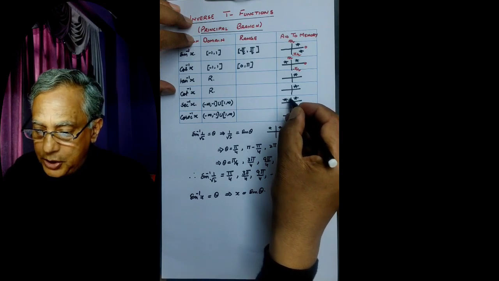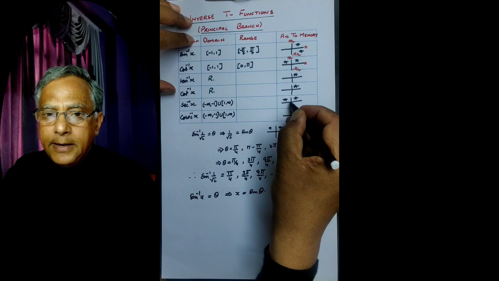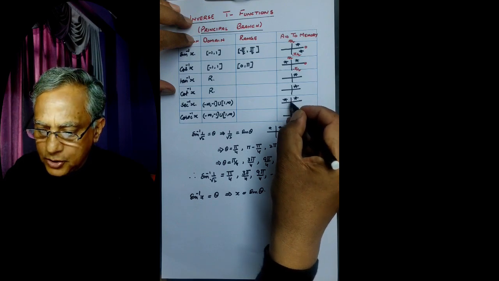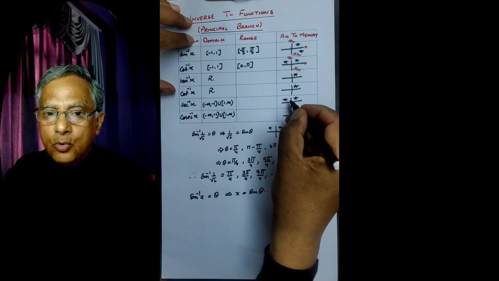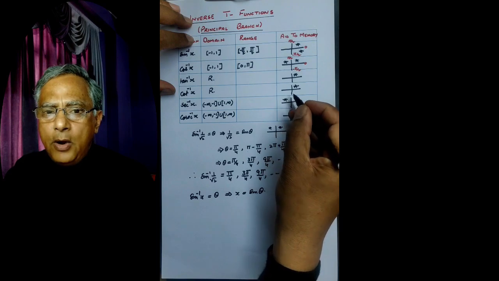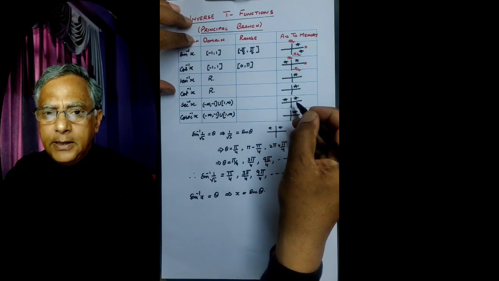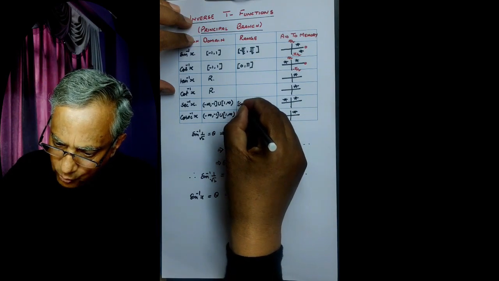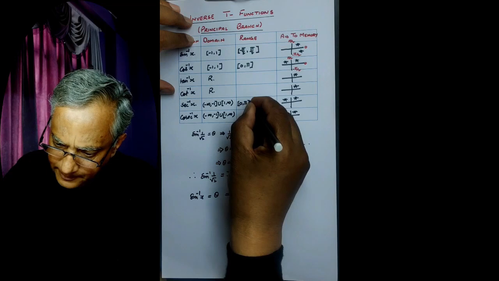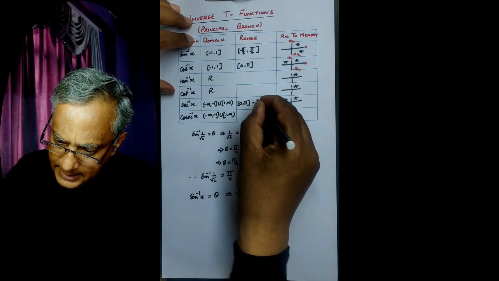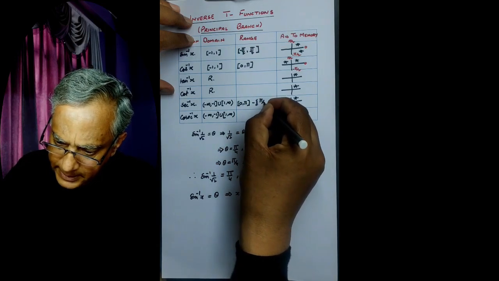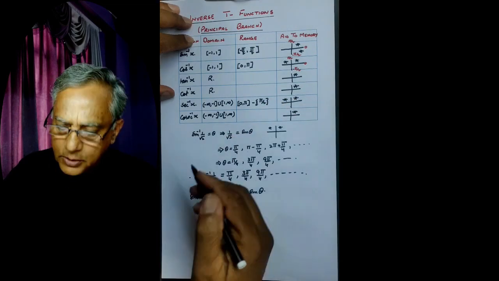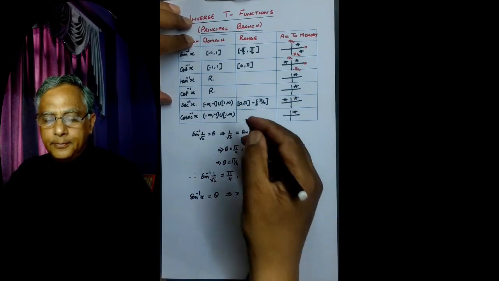But secant is not defined at pi by 2, because cos of pi by 2 is 0 and secant is 1 over cos. So 1 over 0 is not defined. So this point has to be deleted. We will get 0 to pi minus pi by 2. So this will be the range.